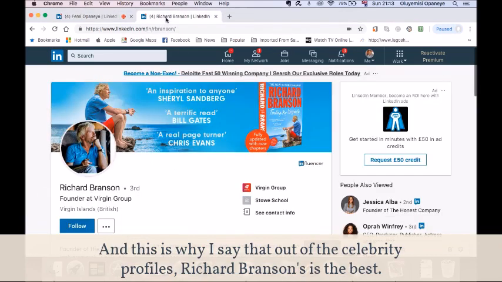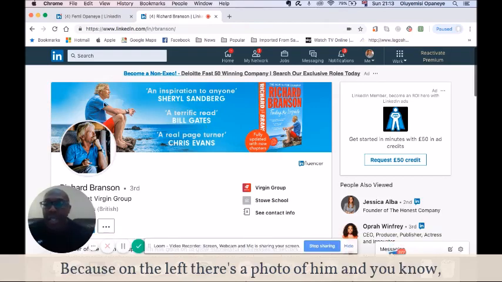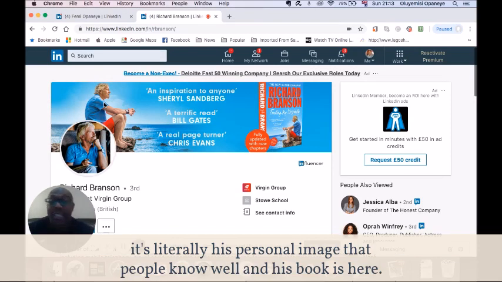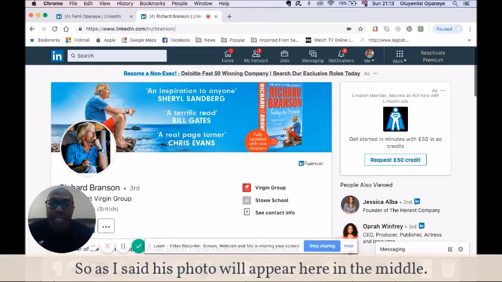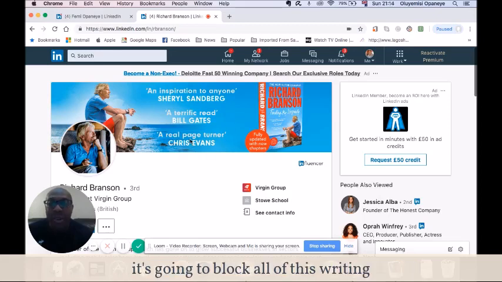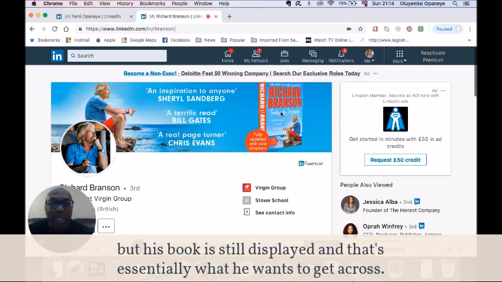And this is why I say that out of the celebrity profiles, Richard Branson's is the best, because on the left there's a photo of him, and it's literally his personal image that people know well, and his book is here. So as I said, his photo will appear here in the middle. Of course, it's going to block all of this writing, but his book is still displayed, and that's essentially what he wants to get across.